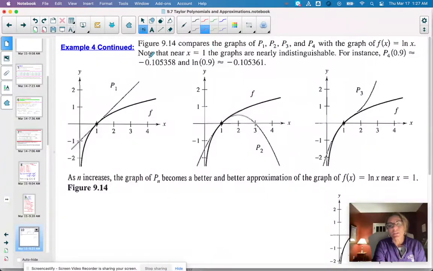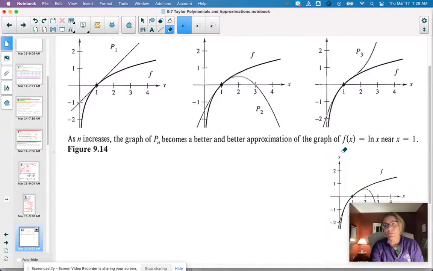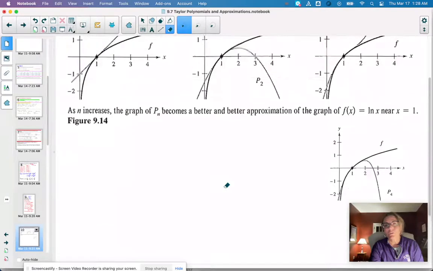And notice, just like I said a little bit ago, the graphs are pretty much identical, all of them, at x equals 1. But as we get away from that c value, they become more different. The polynomial does not approximate the function very well. But as you can see, as the degree gets bigger, it more closely approximates the function.